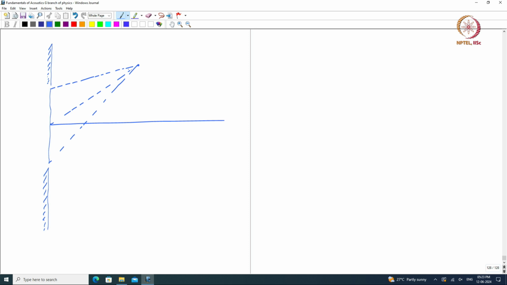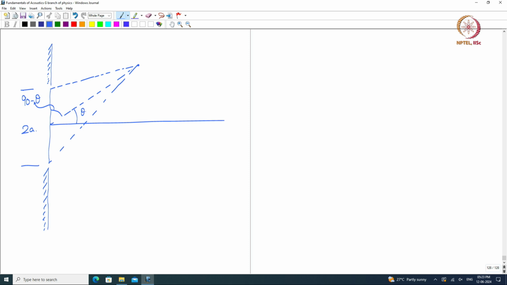Let us say this angle is theta. Then the remaining angle is 90 minus theta. And this whole distance now is twice a, the diameter of the piston.